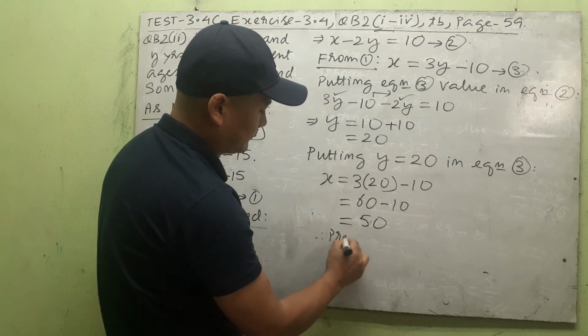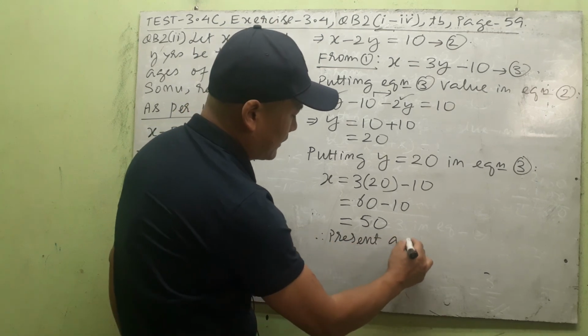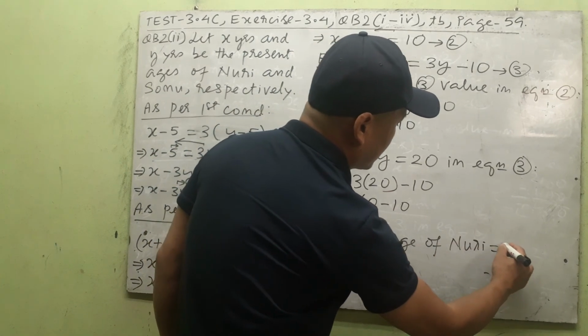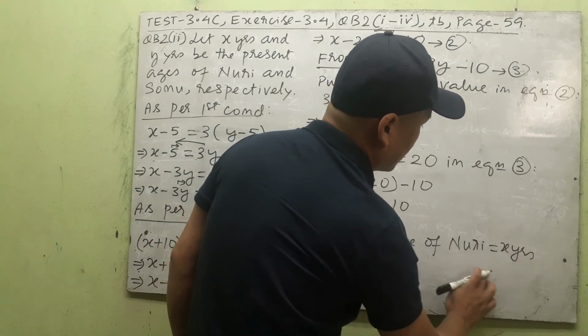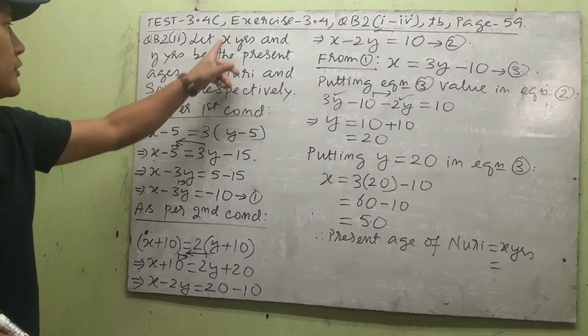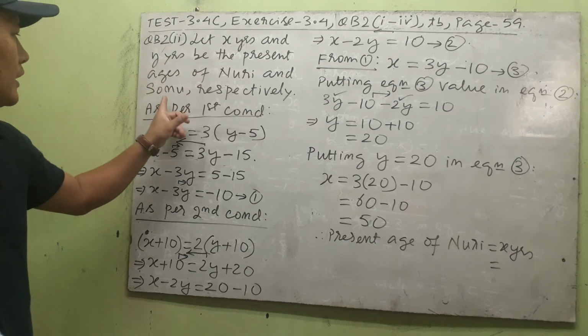Therefore, present age of Nuri, we'll put in the beginning x years. See here, x is the present age of Nuri, y is the present age of Sonu.